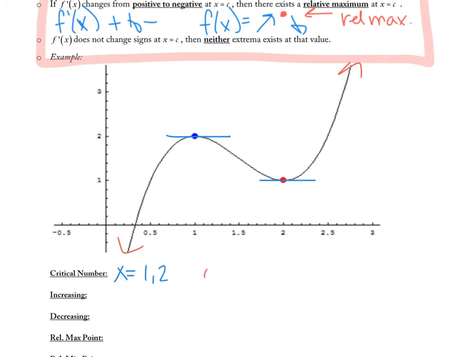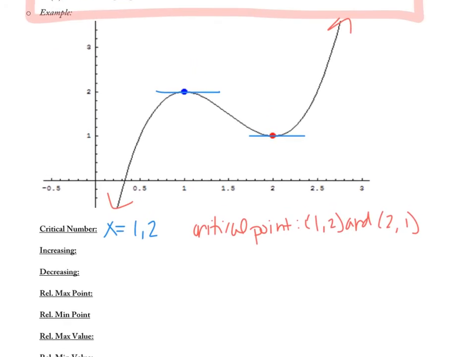As a side note, if I asked for the critical points, then you would write them as an ordered pair. So you would say (1, 2) and (2, 1). Okay? So critical number means just write the x value. Critical point means write the ordered pairs.